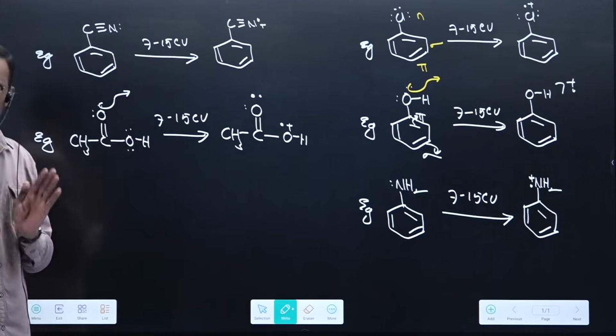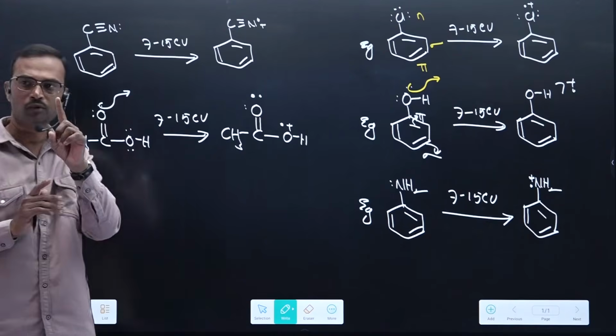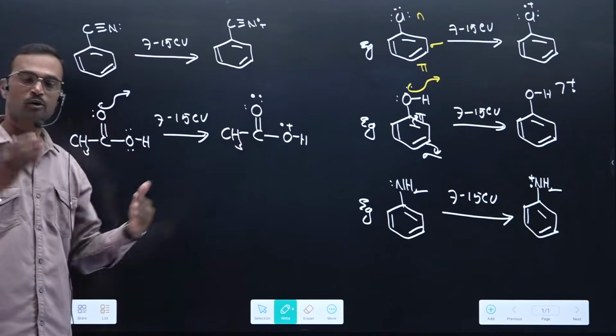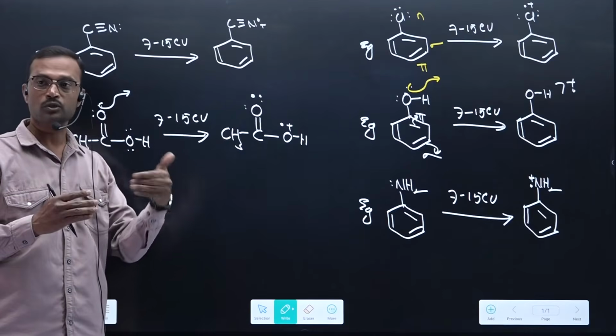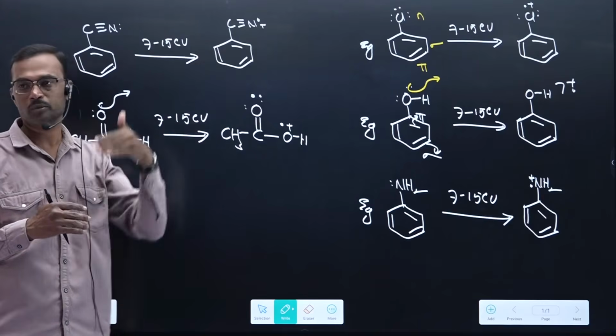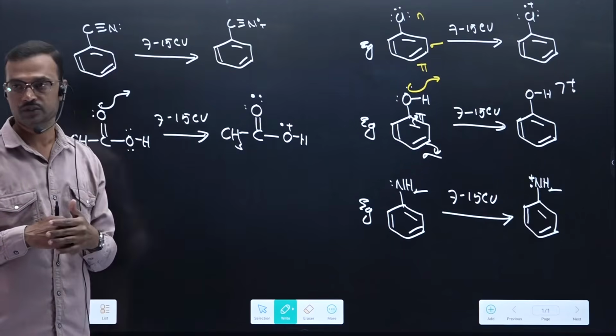Don't fix on only one kind of molecular ion. Suppose n number of molecules are available; in that, how many molecules are losing an electron, and from where they are losing it, that is the predominant molecular ion formation. Molecular ion formations may vary.